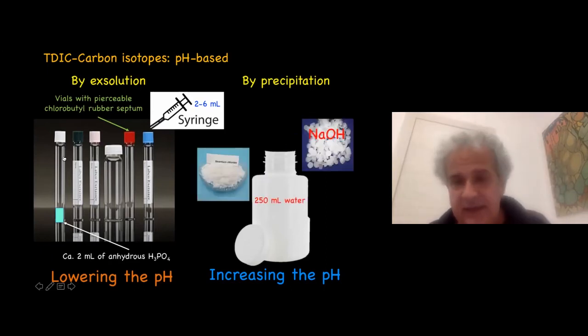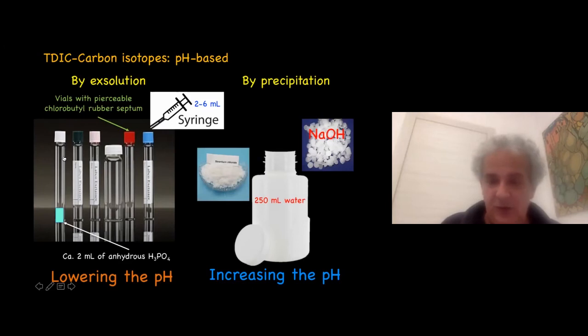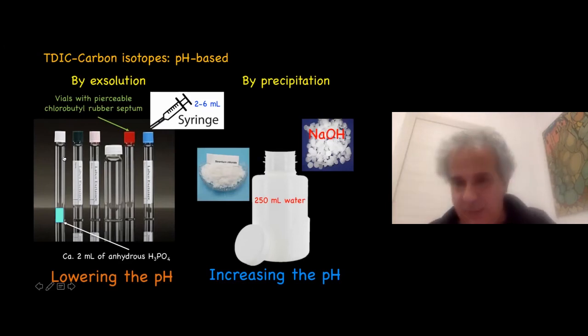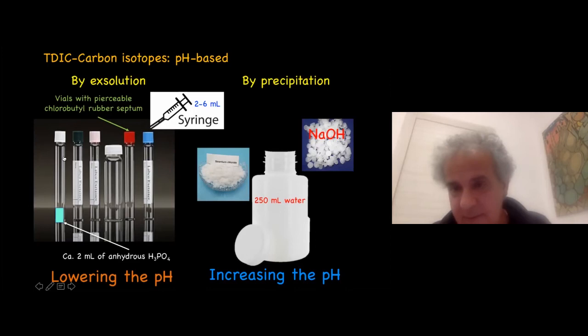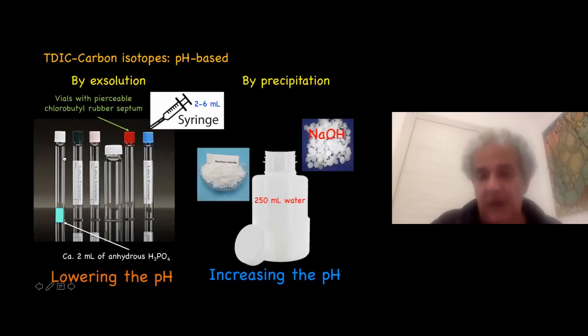In the other case, the precipitation, you need to increase the pH. So basically, you add sodium hydroxide pellets to increase the pH up to more than 10, then you add strontium chloride, and you have the precipitation of strontium carbonate.